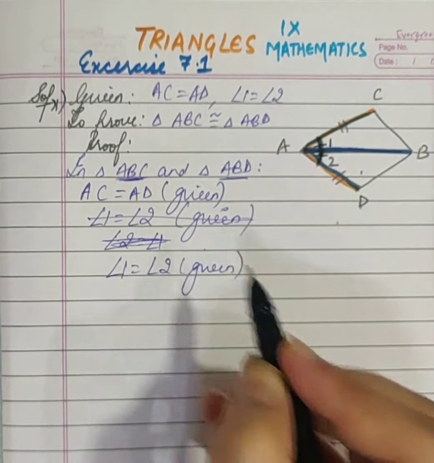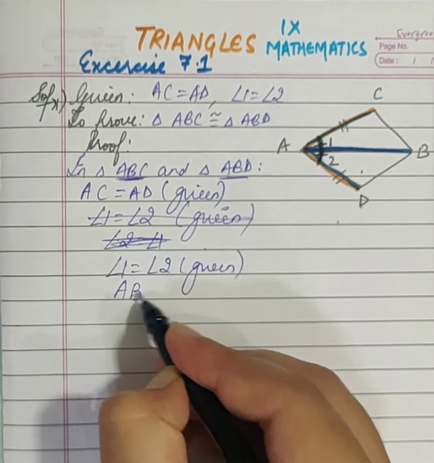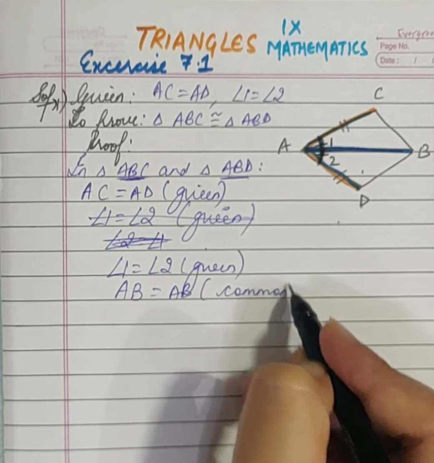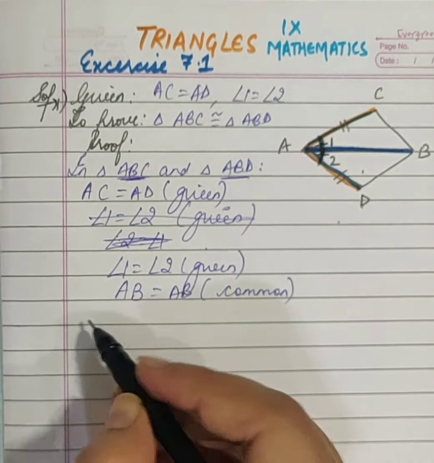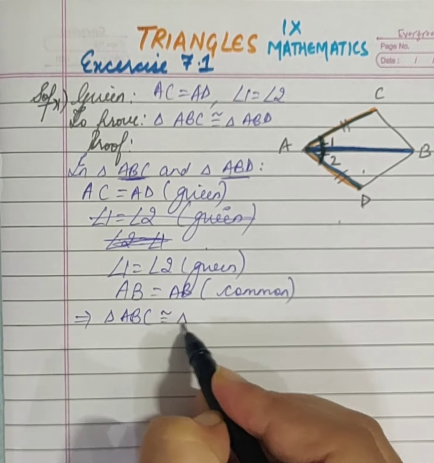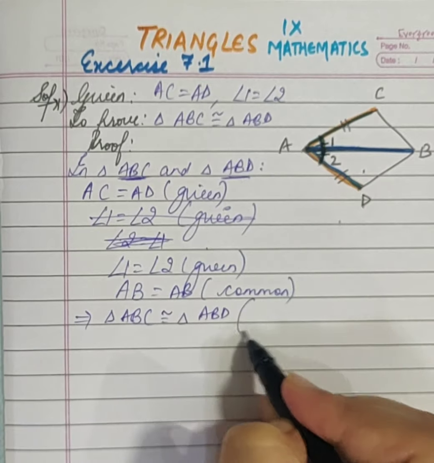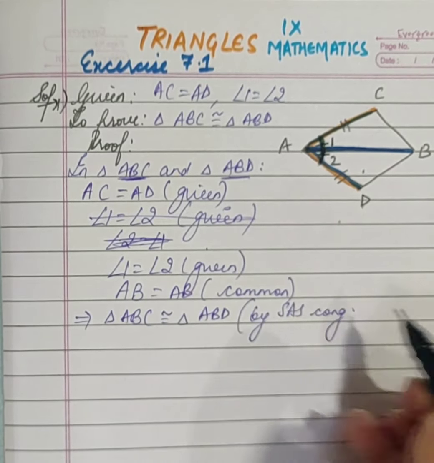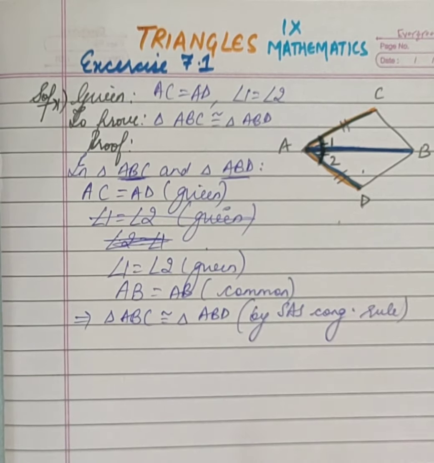Reason is given. And the last condition is AB is equal to AB, common. It implies triangle ABC is congruent to triangle ABD by SAS congruence criteria or congruence rule.